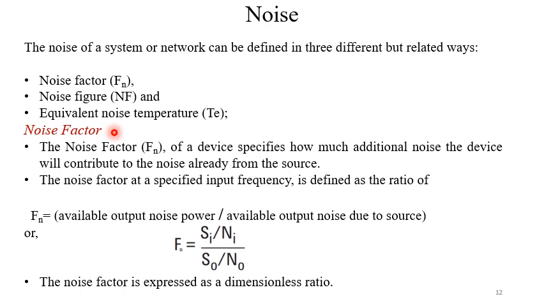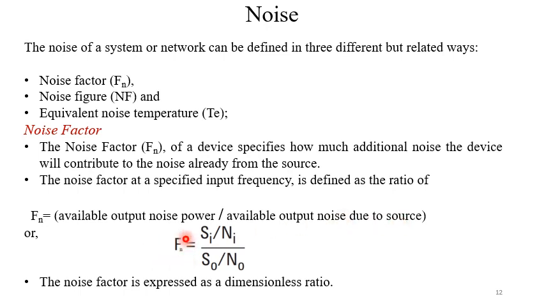The noise factor of a device specifies how much additional noise the device will contribute to the noise already from the source. The noise factor at a specified input frequency is defined as the ratio of available output noise power to the available output noise due to source.